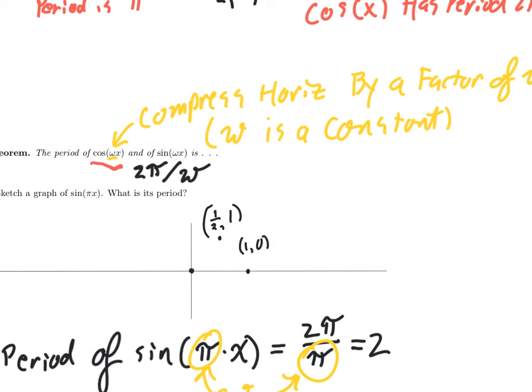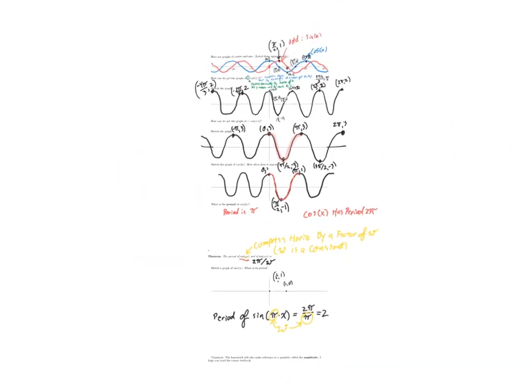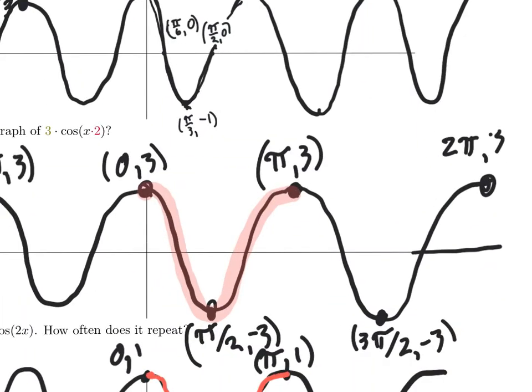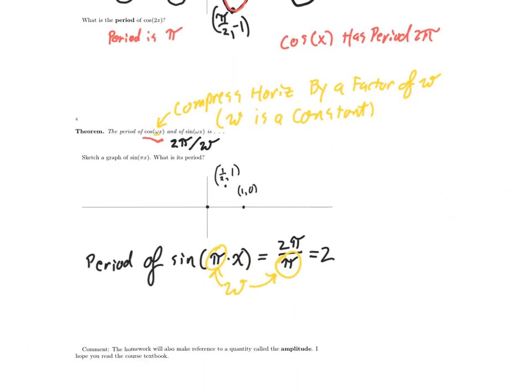Then the next point is 3 pi over 2, negative 1. Well, 3 pi over 2 divided by pi is just 3 over 2. And then finally 2, 0.